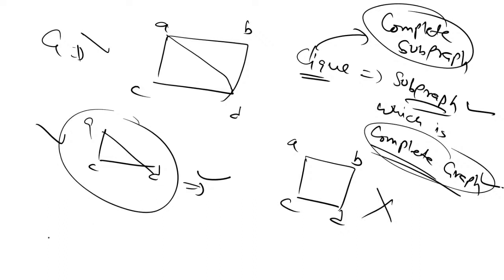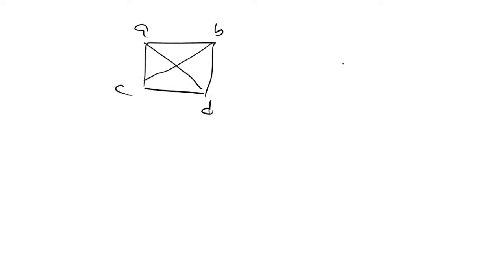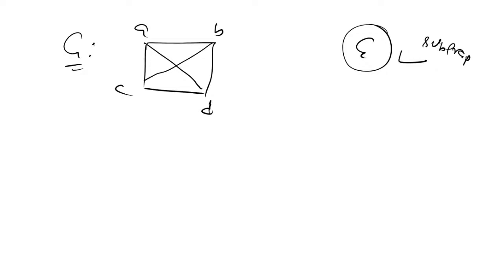Let's take one more example. Let's assume you have this A, B, C, D, and this is your graph G. Remember, G itself is a clique, because I told you every graph is a subgraph of itself, and it is also complete.